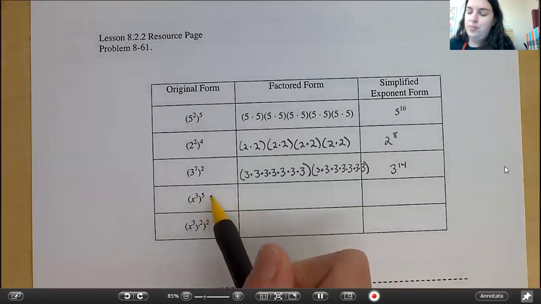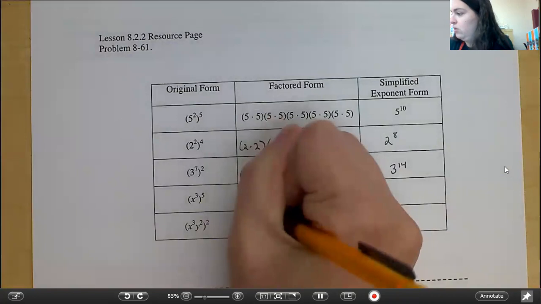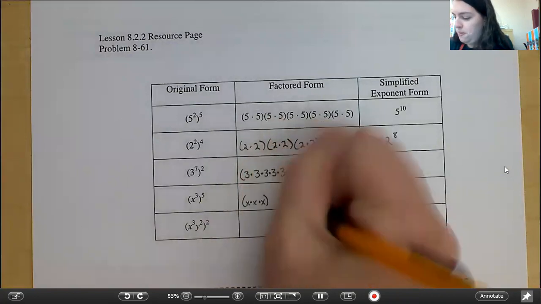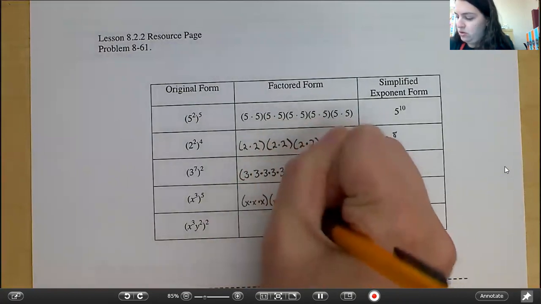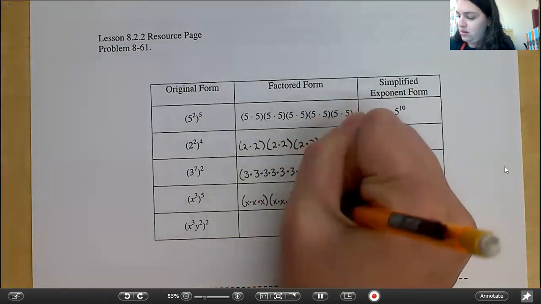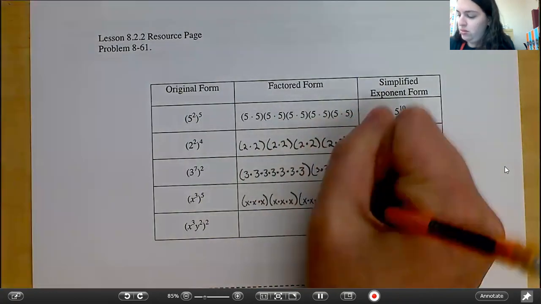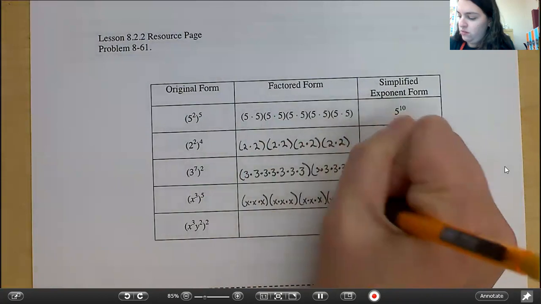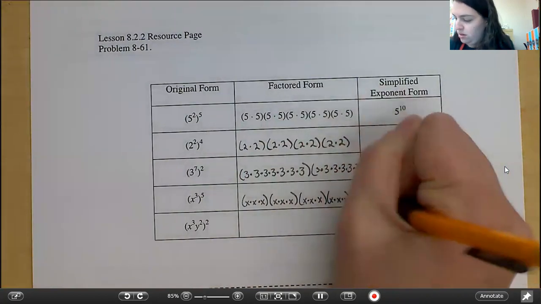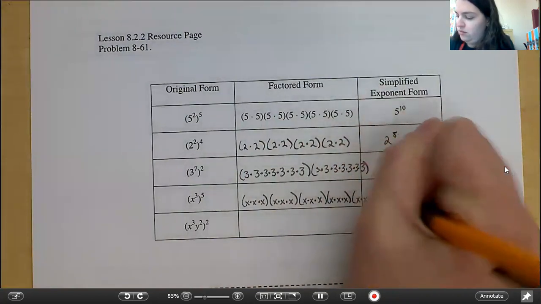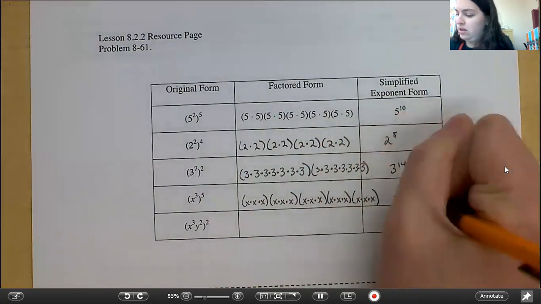Here we have 5 groups of x to the third. So 1 group, 2 groups, 3 groups, 4 groups, and I'm running out of room again, sorry. 5 groups. This would be x to the 15th.